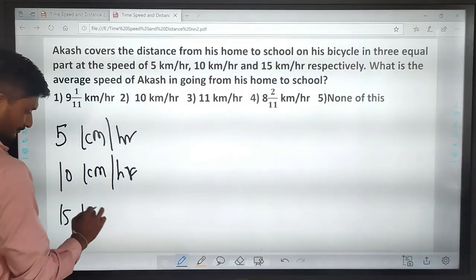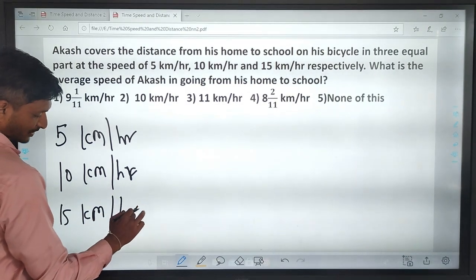15 km per hour. Here we take the LCM of these three as the distance. Sorry, the LCM of these three is 30.